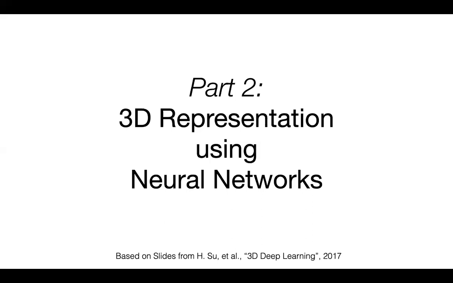Because when we just talk about images and convolutional neural networks, an image, in terms of representation, is very simple and very uniform. But when you have 3D scenes and 3D objects, it's not just changing the dimensionality. Basically, we have something much more complex in terms of representation. There are many options to do this using neural networks.